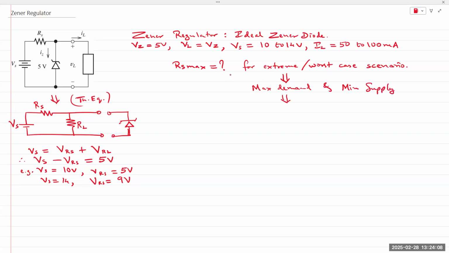The max demand would be IL max and minimum supply would be VS minimum, which of course is 100 milliamps and 10 volts.